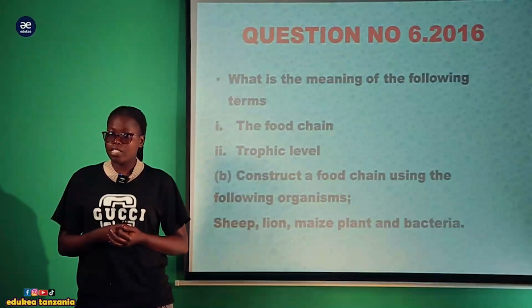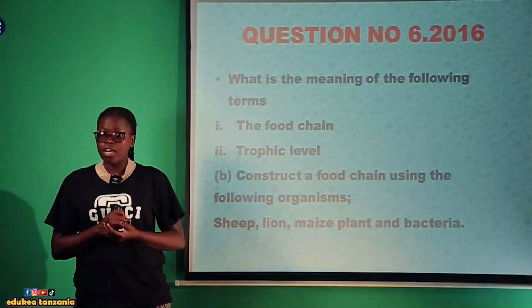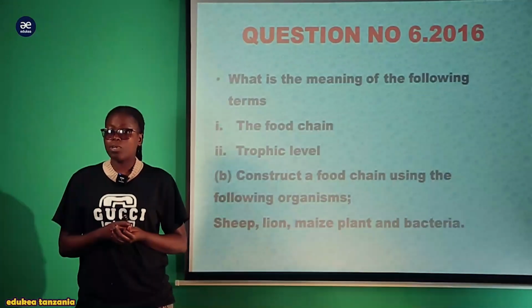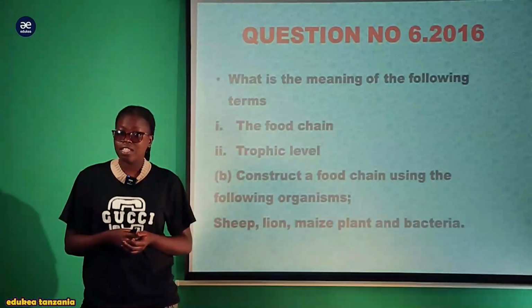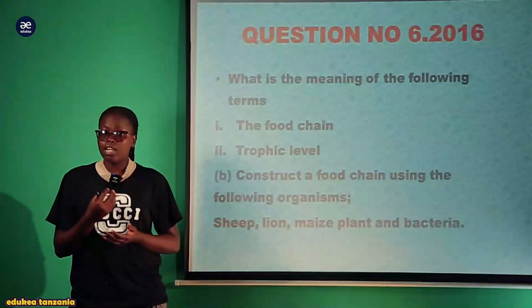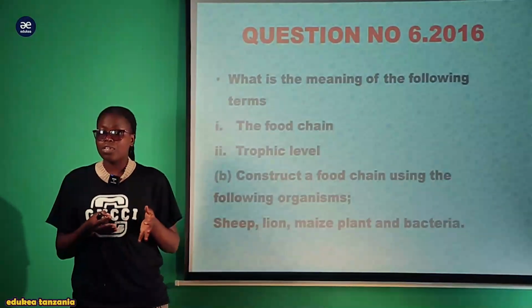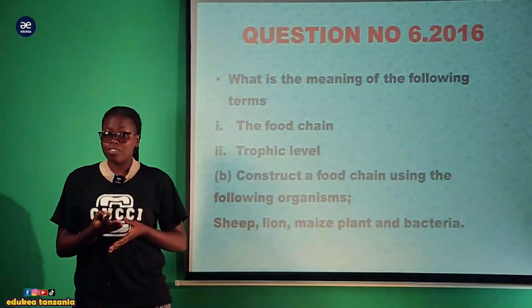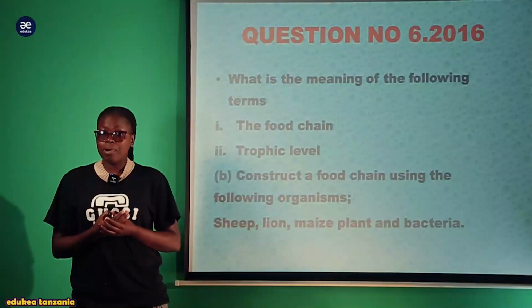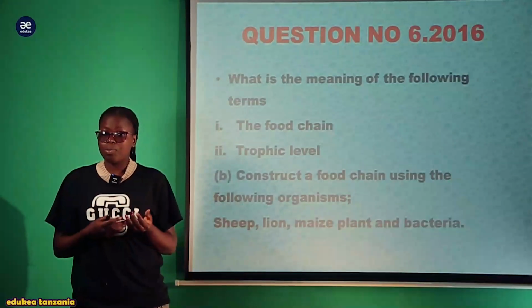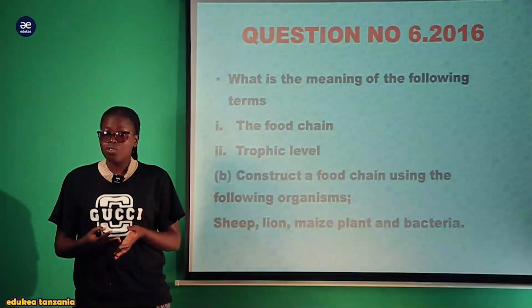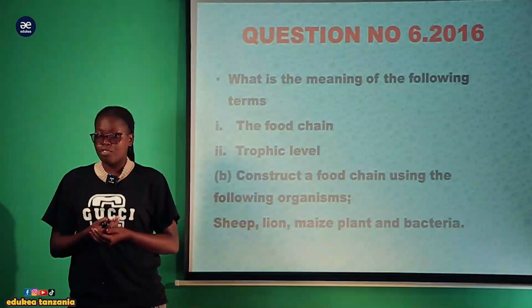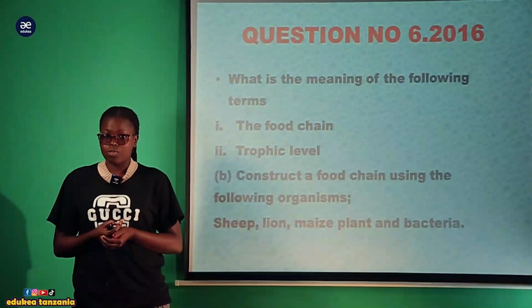Please subscribe in case you do not have enough knowledge of this topic, because you are going to learn a variety of knowledge and a lot of understanding which will enable you to attempt a variety of questions constructed from this topic. It is one of the very important topics, because in every NECTA exam you get a question from the balance of nature, in Form 2 as well as in Form 4.